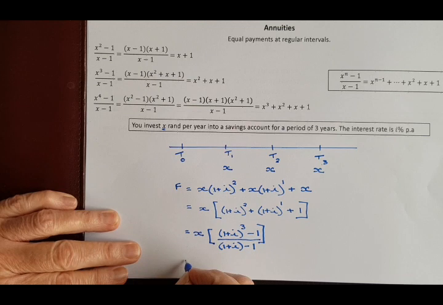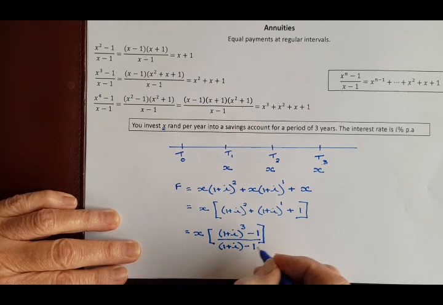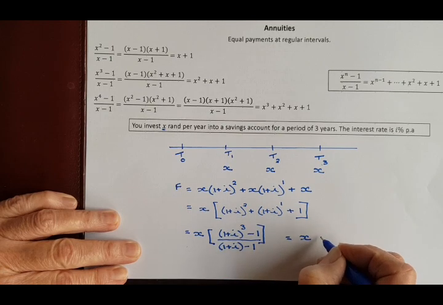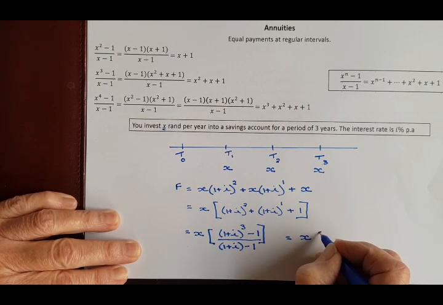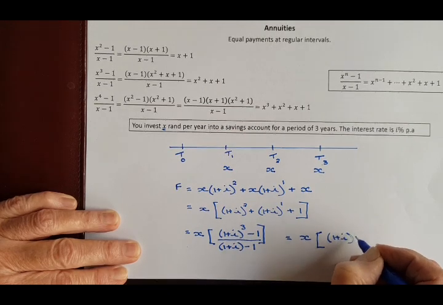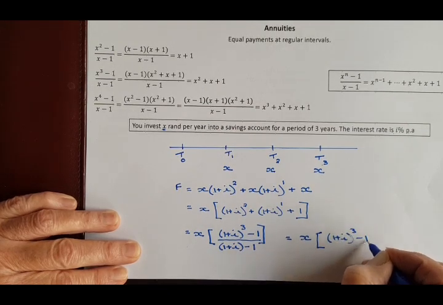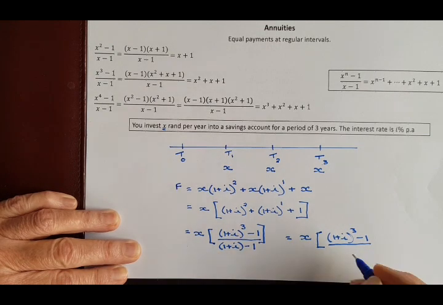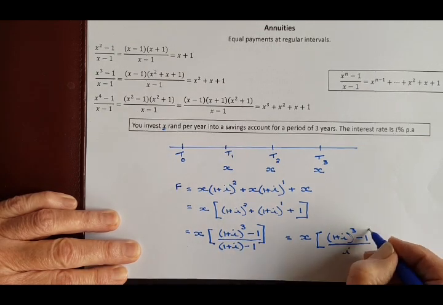When I simplify that further, I'm just going to write it on the side here. We get x multiplied by 1 plus I to the power of 3 minus 1 all over 1 minus 1 disappears, all over I.